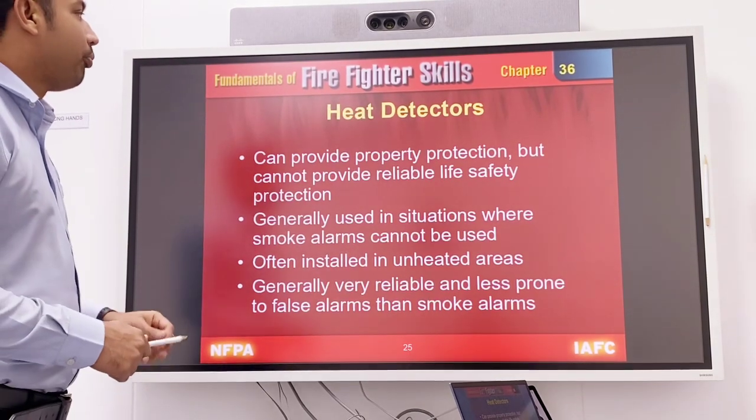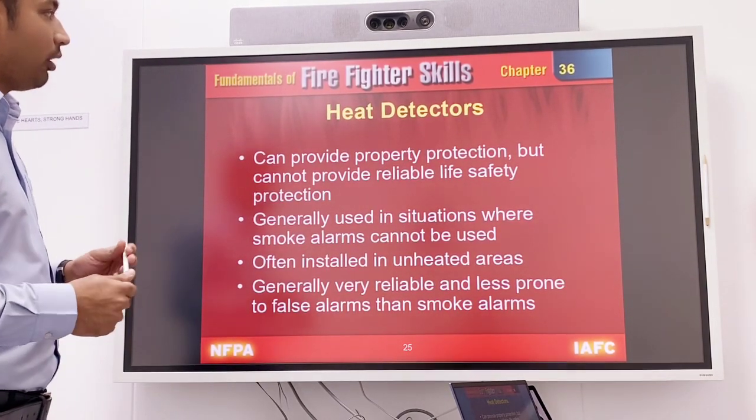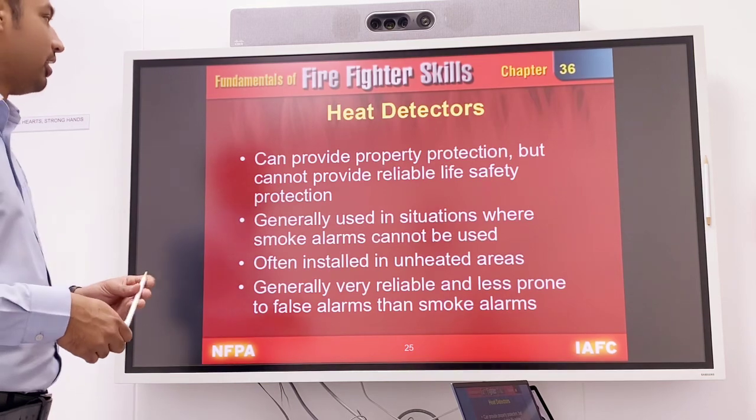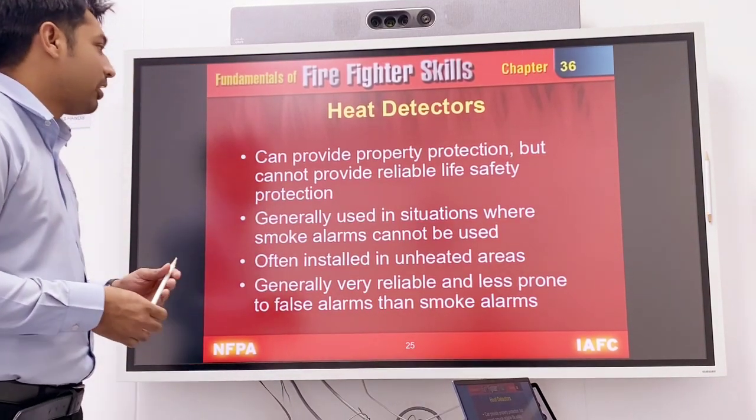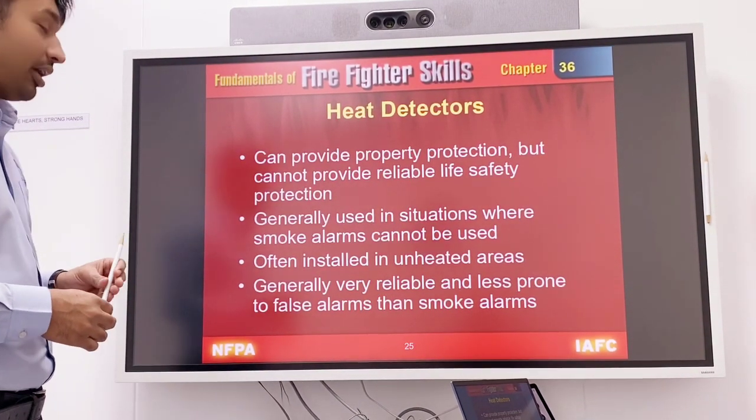Now we move ahead to heat detectors. They can provide property protection but can't provide reliable life safety protection.